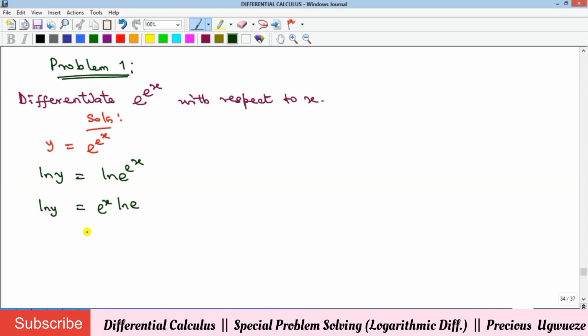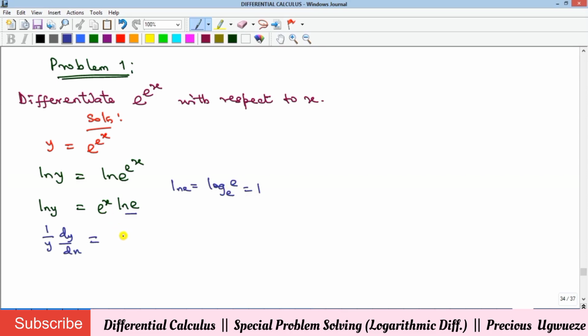Okay, so at this point we can now take our derivative, and if we do that, we are going to have that derivative of this is 1 all over y dy dx, and this is equal to, this is a product, and meanwhile this one is actually a constant, because we know that ln is the log base e, and so ln e means log e base e, which is equal to 1.